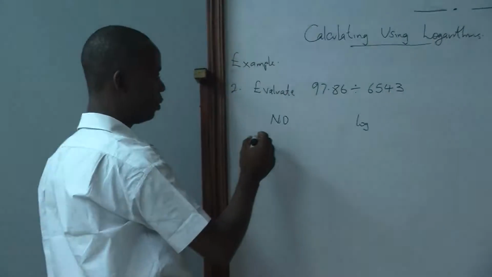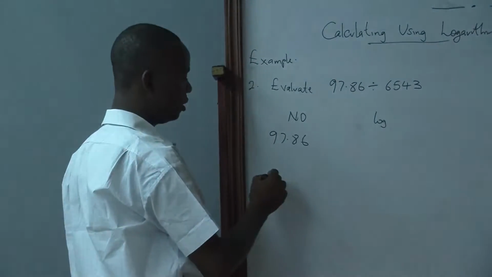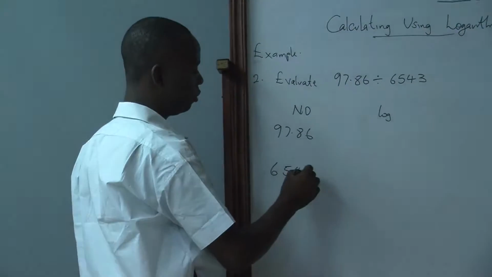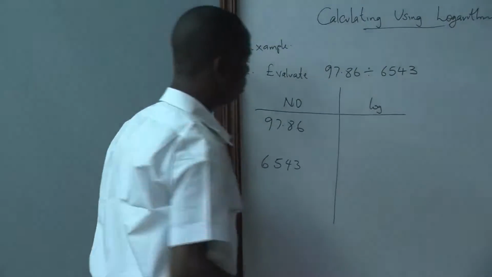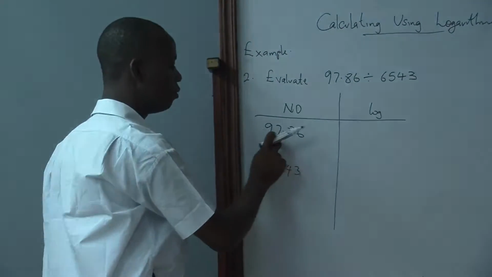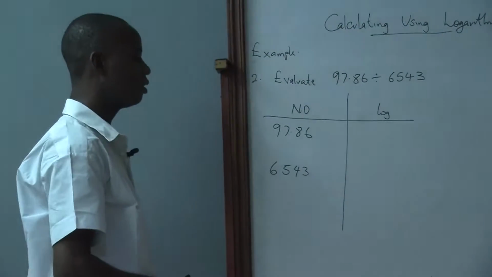In the number position, we're going to have 97.86, and we're going to have 6,543. We do the ruling. We'll find the log of this number, and we'll find the log of this number. Log of 97.86.